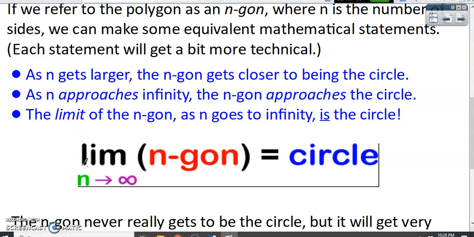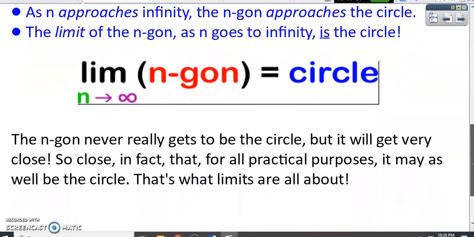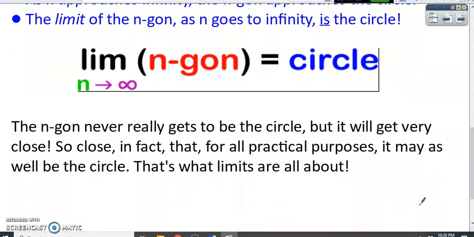So here you can see in notation we're going to use the limit as n goes to infinity of the n-gon is a circle. It is getting towards that circle. So even though it never really turns into a circle, it gets so close that it might as well be a circle. And that's what we're thinking about when we think about limits.